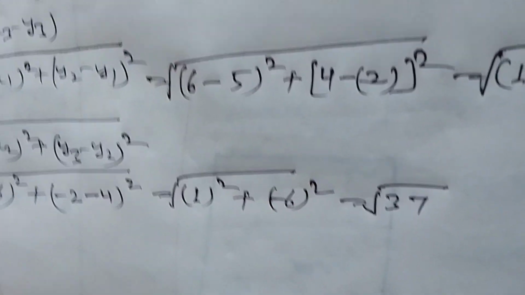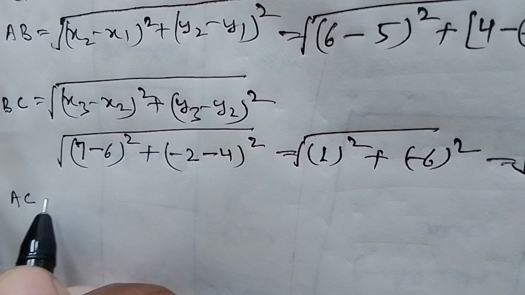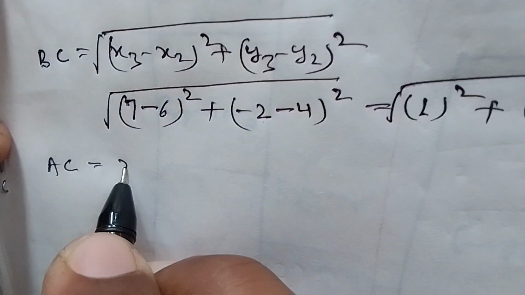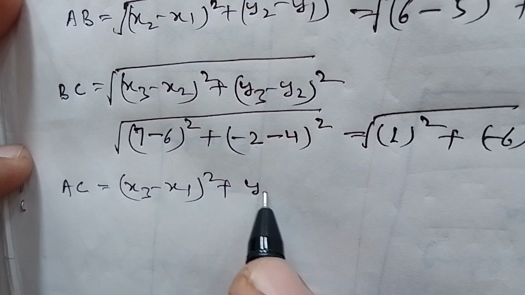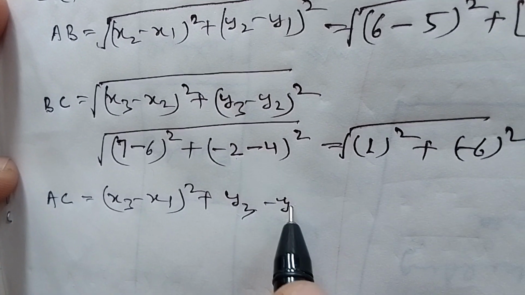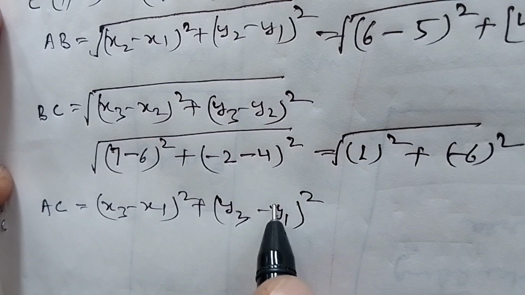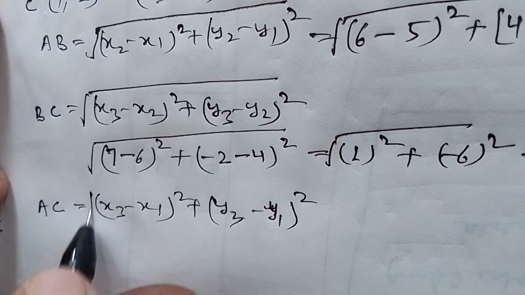Now the third one, AC, that is the square root of (x3 minus x1) squared plus (y3 minus y1) squared.